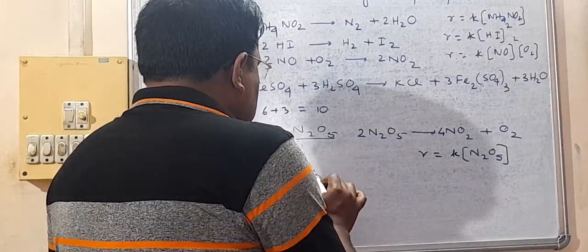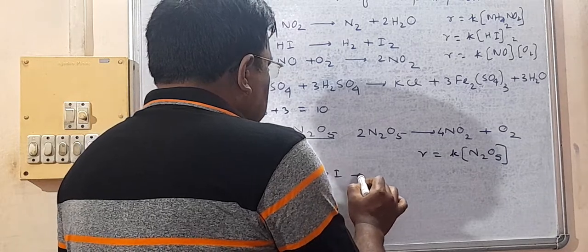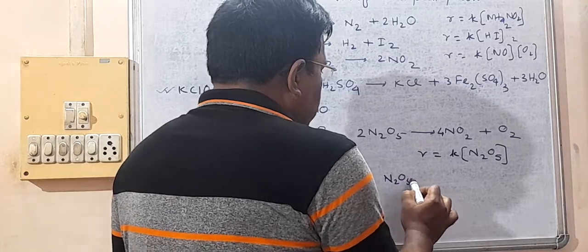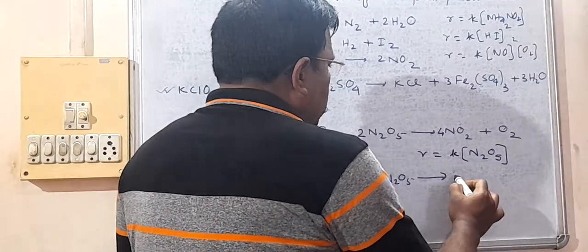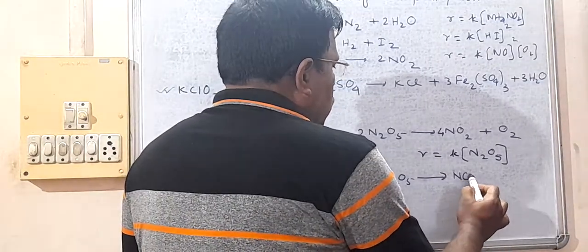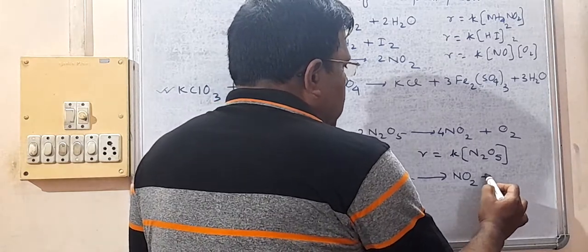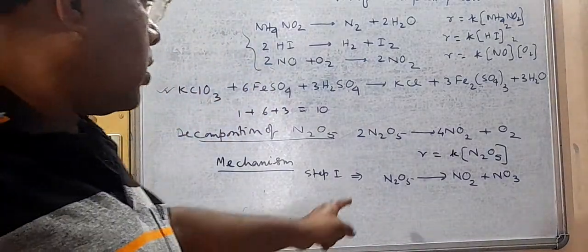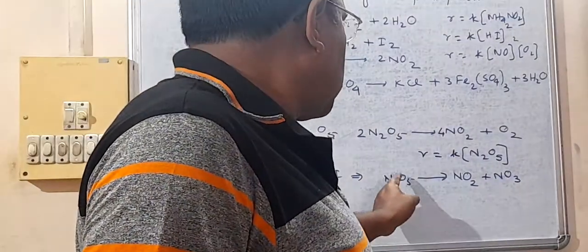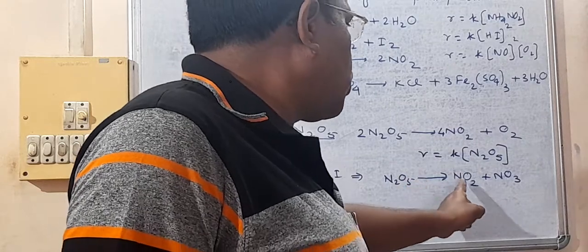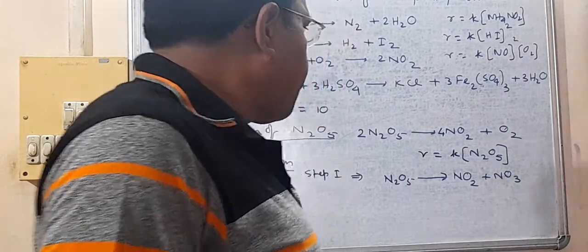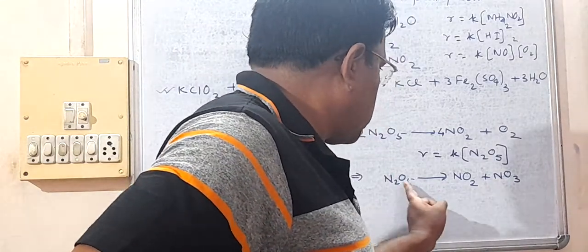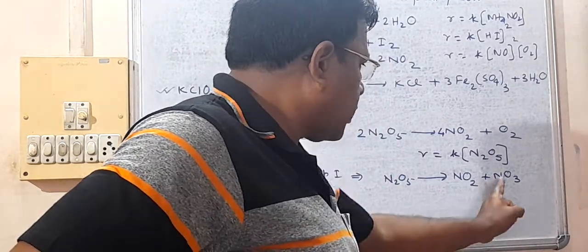Suppose step one is N2O5 breaking down into NO2 plus NO3. Now you see this equation is balanced.